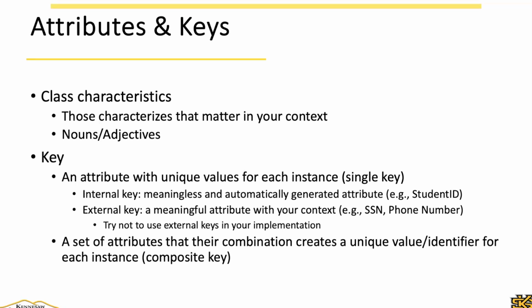In today's database design, we almost always go with internal keys, as external keys are beyond our control. Once you identify the attribute that is a good candidate for the primary key, or a combination of attributes for a composite key, you need to show it in a class diagram by underlining the attribute name. In a class diagram, you will have the class name on top, followed by a list of attributes, with the primary key attributes underlined.